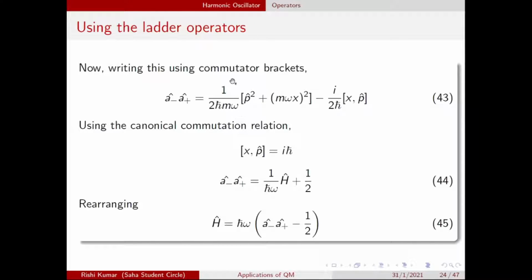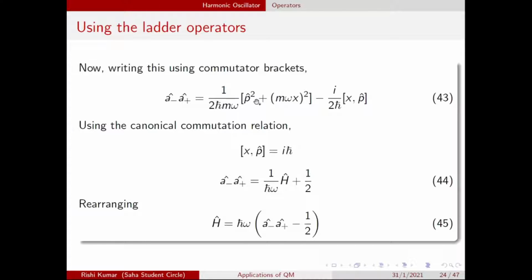There is another small derivation here I omitted because I'm pretty sure most of us know what the canonical commutation relation is. So x comma p hat is simply equal to i h bar. We can see here how the i h bars cancel each other, and we have a more simplified term.